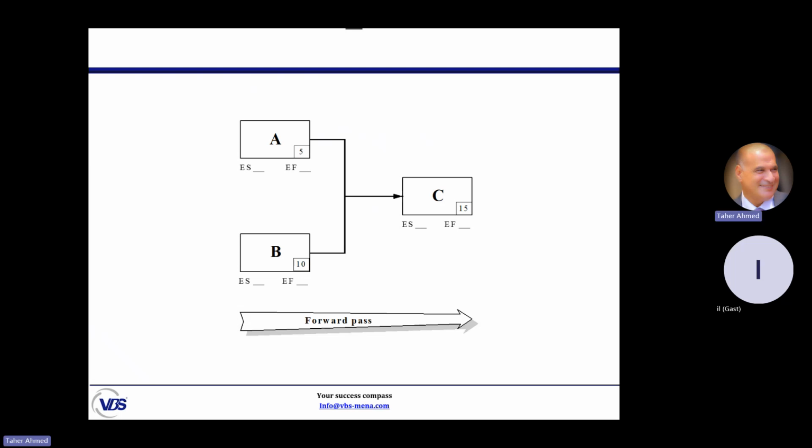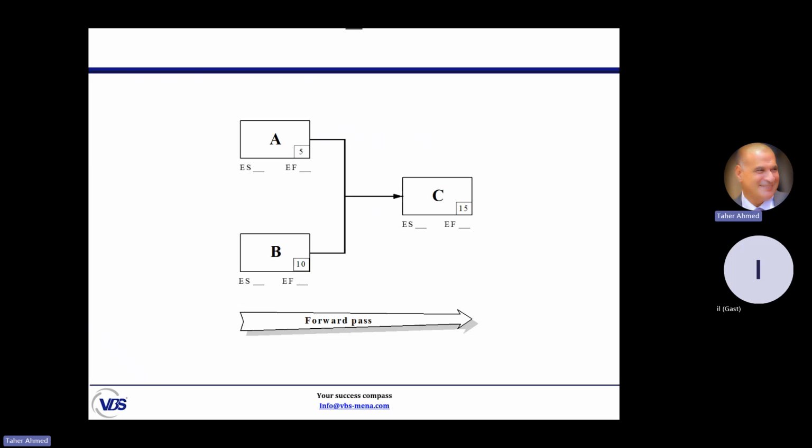Actually, the critical path method depends on calculating 4 dates for each activity. 2 of them are generated by the forward pass and 2 by the backward pass. After calculating the 4 dates, we can calculate the total float and then determine the critical path.